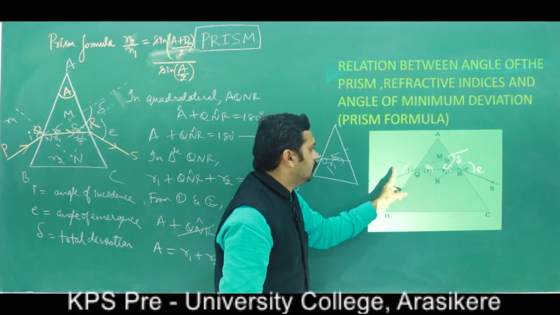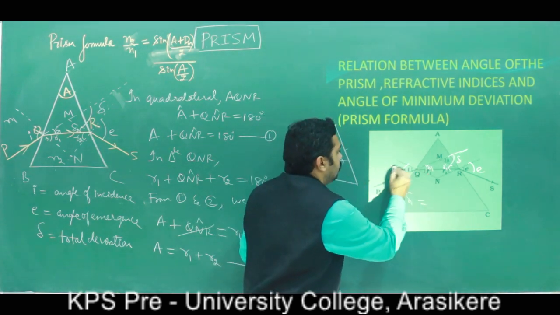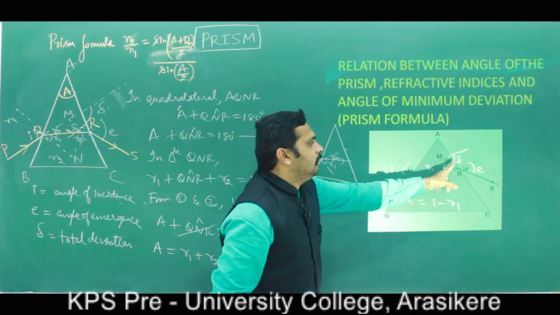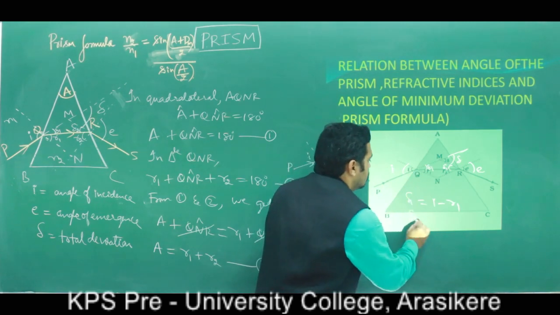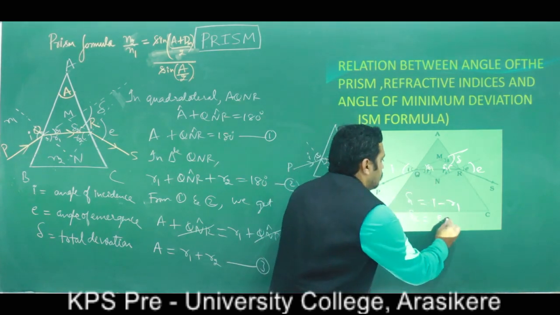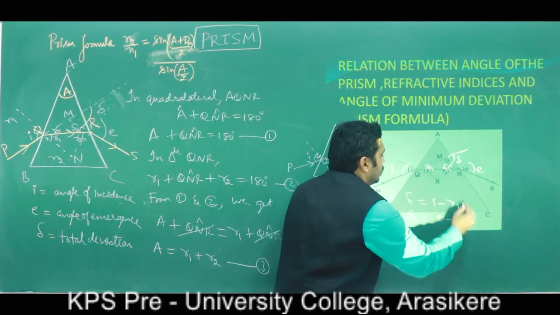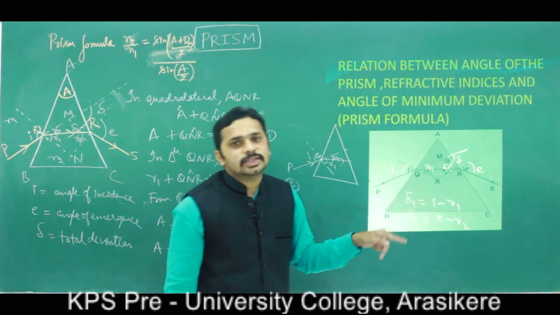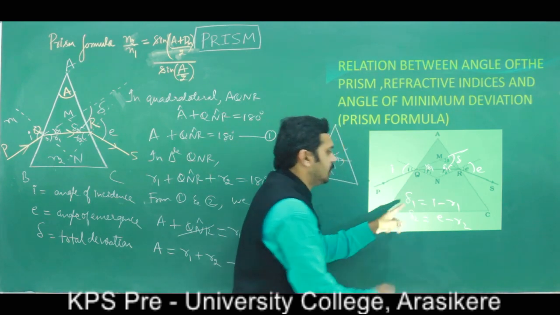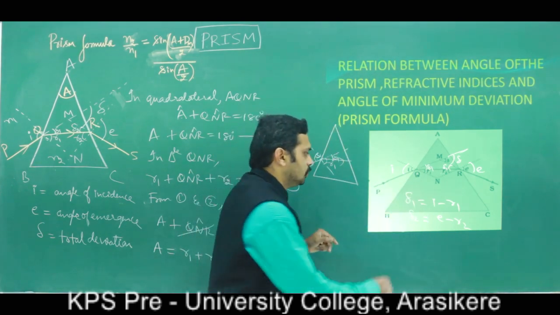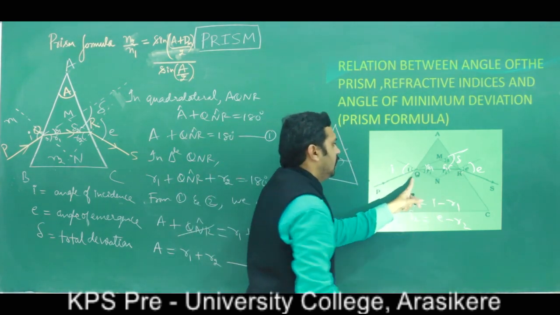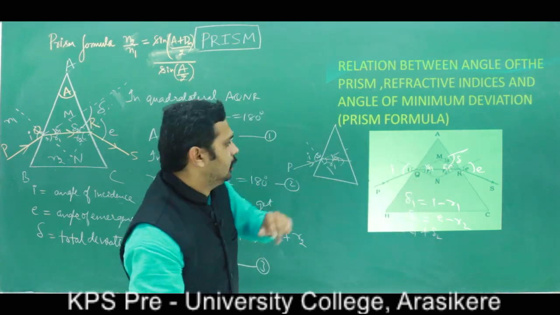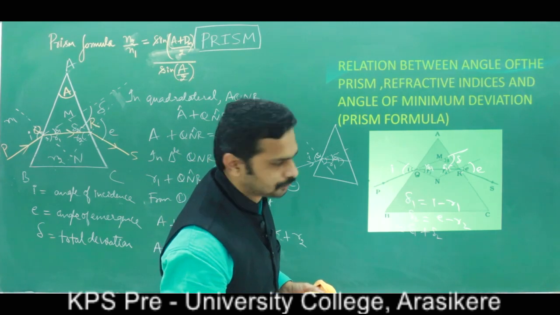That's why delta 1 is equal to I minus R1, and delta 2, the deviation for the second surface, is E minus R2. So the total deviation produced by the prism is equal to the sum of the deviations for the two faces, delta 1 plus delta 2.